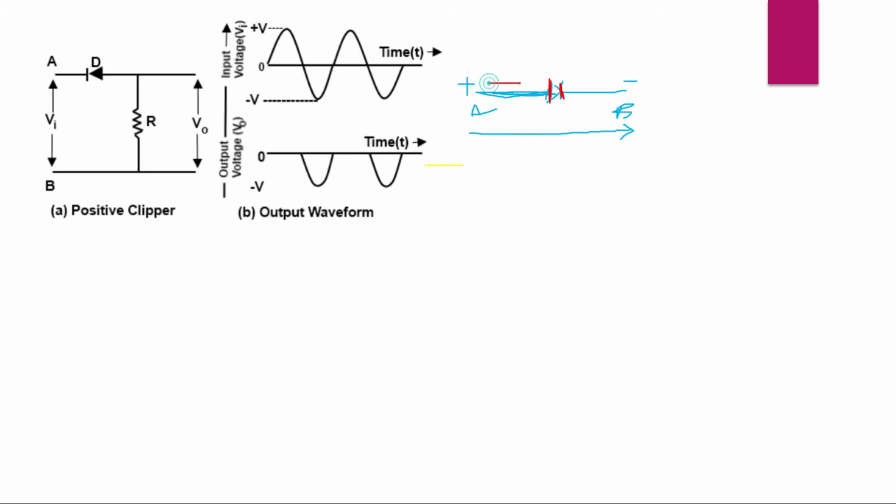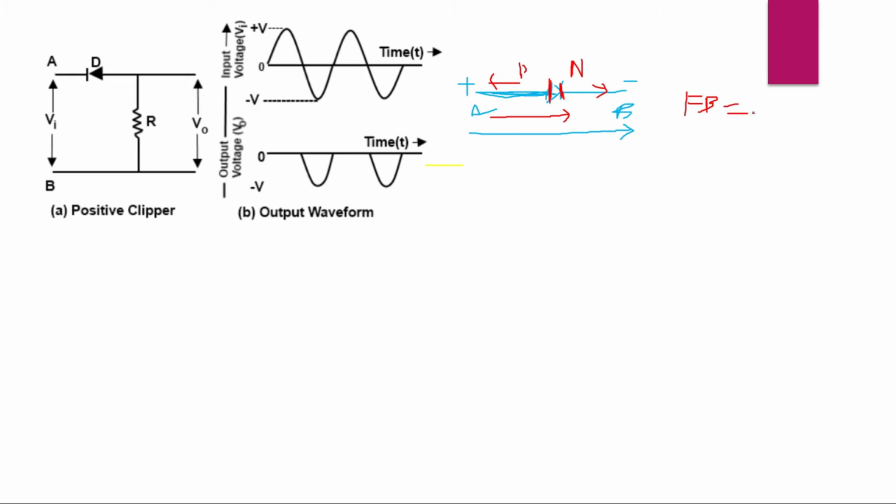If the long end is connected to the positive terminal and the short end is connected to the negative terminal, then it is said to be forward bias. Assume this is the P terminal and this is the N terminal. If the P terminal is connected to positive and the N terminal is connected to negative, then it is said to be forward bias.